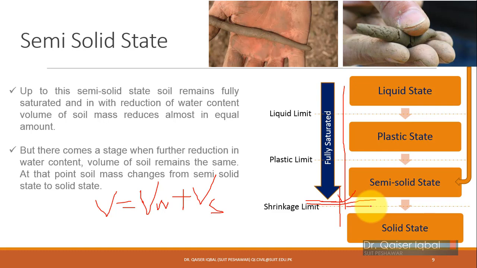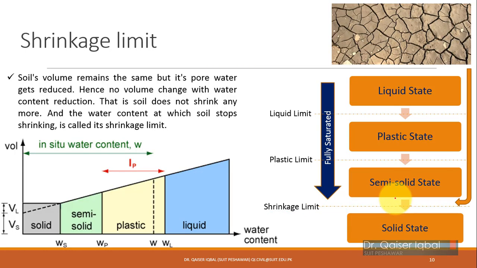So if you are reducing the volume of water, the volume of the sample will not be reduced, because this is the point beyond which changing the moisture content will not change the volume. So this limit will be known as shrinkage limit. Okay, which means that if you reduce the moisture content further, the soil will not shrink further, the volume will not change. So that will be known as shrinkage limit.